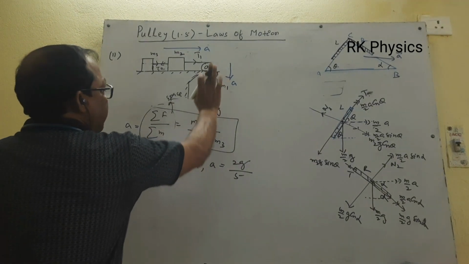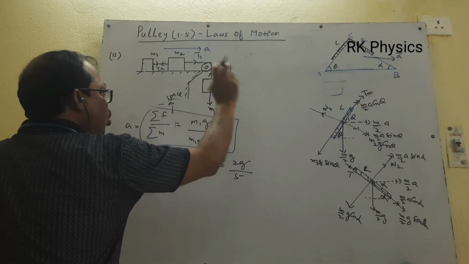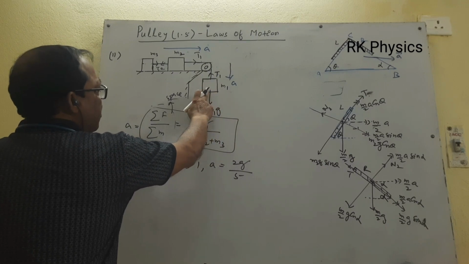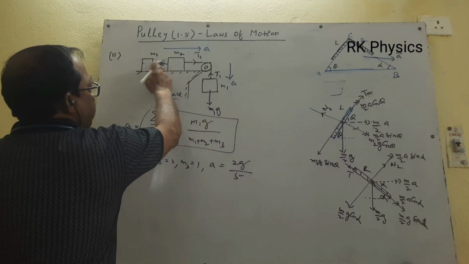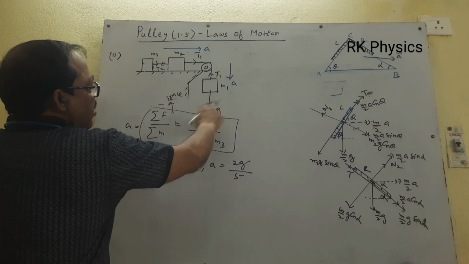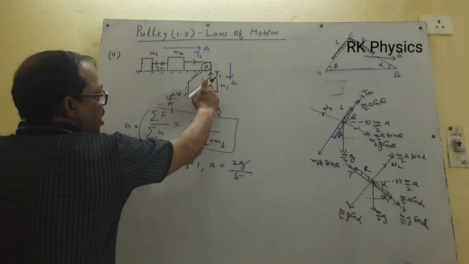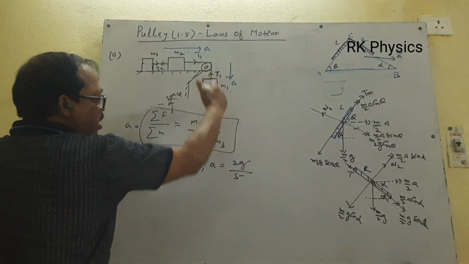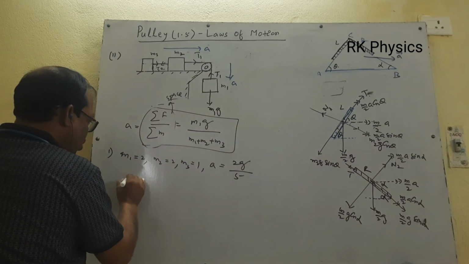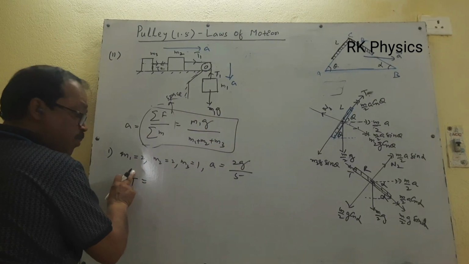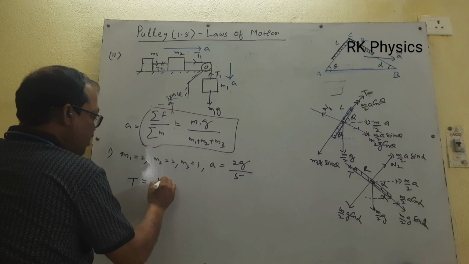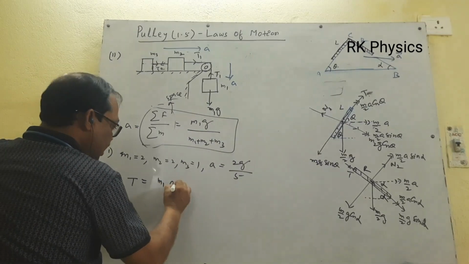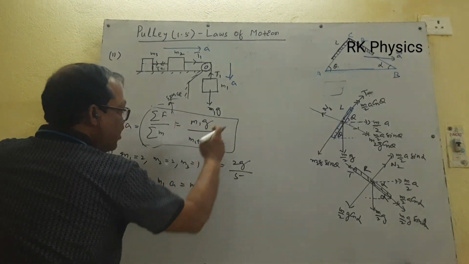Okay? Then come to the tension. Tension T1 is acting on mass M1, but T1 is acting on the M2 and M3 combination. Therefore, I am taking only mass M1. The system is moving down, so my aim is to calculate like a lift system. T is mass into acceleration, so T1 equals M1 into g minus a.